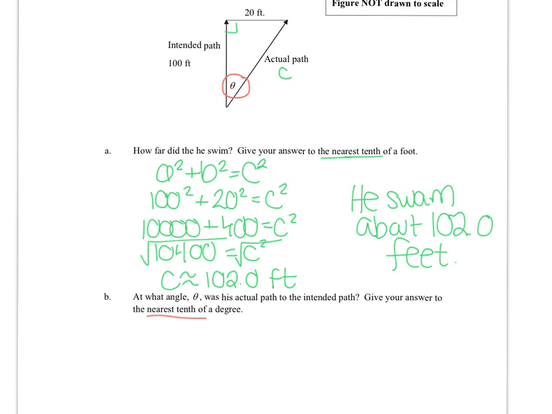I don't recommend that you use sine or cosine, because if you got this answer wrong, you're going to get part B wrong as well. But if we use tangent, we already know those values, and this gives us a different opportunity to get the problem right, even if we got part A wrong. So the tangent of theta, that's opposite, which is 20 feet, over adjacent, which is 100 feet.